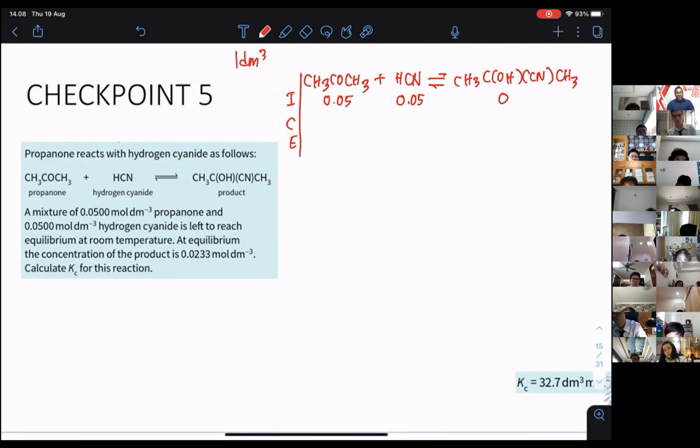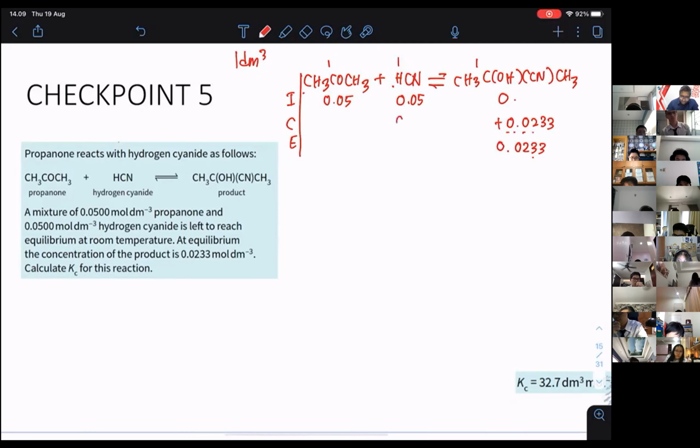They say the equilibrium of the product is 0.0233. So what does it mean? From zero to become this, it means there is an increase of 0.0233. That is very important. There is an increase. You remember here number of moles, 1 mole to give you 1 mole. If there is a change over here, that is represented by 1 mole.